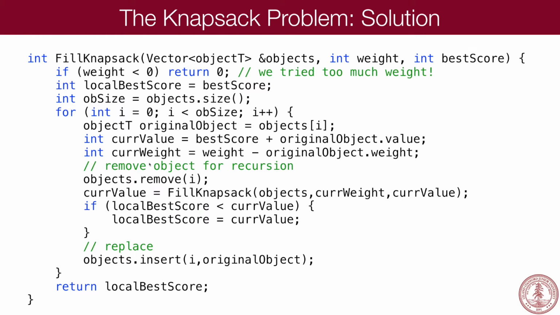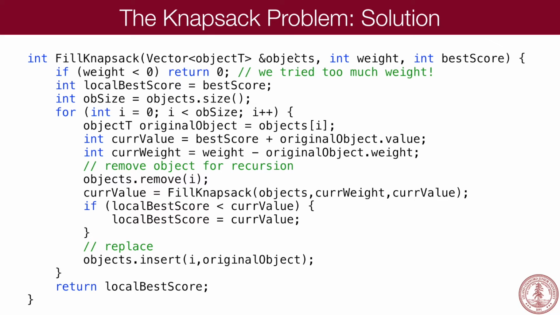We are removing an object each time through the loop, and we have to replace that object back into the number of objects so that the next iteration through the loop can use the objects in their original form. In other words, we're trying one at a time, and we need to ensure that all of our solutions get the same number minus the one we've removed. So you can't just remove them all and never replace them.